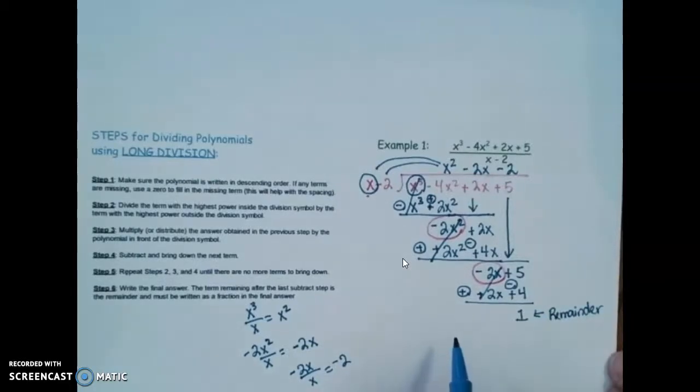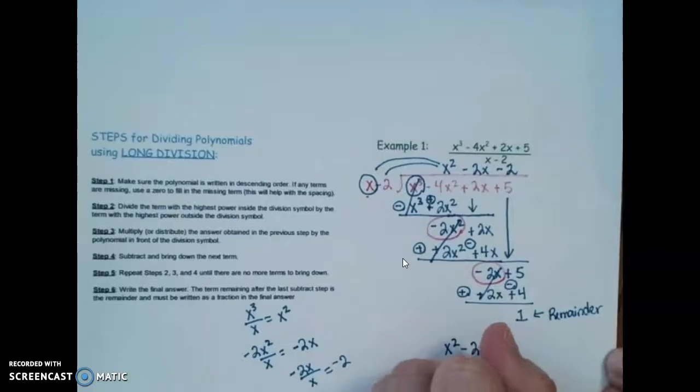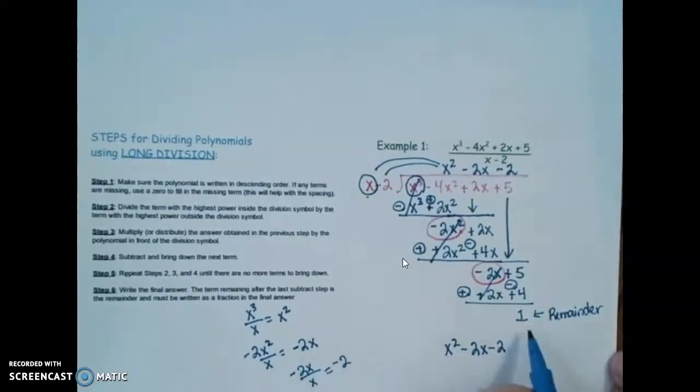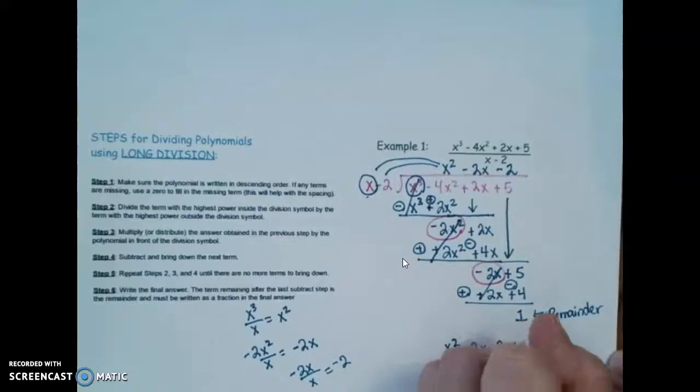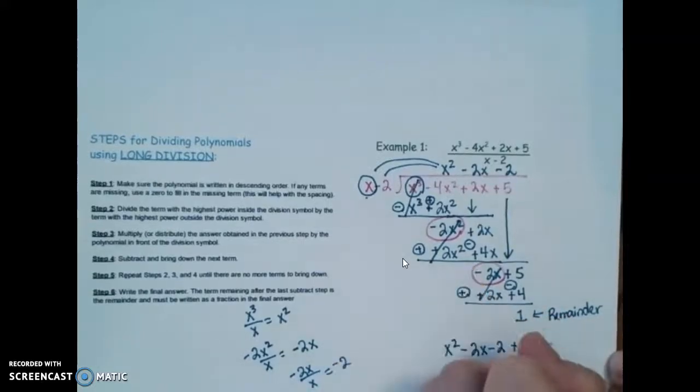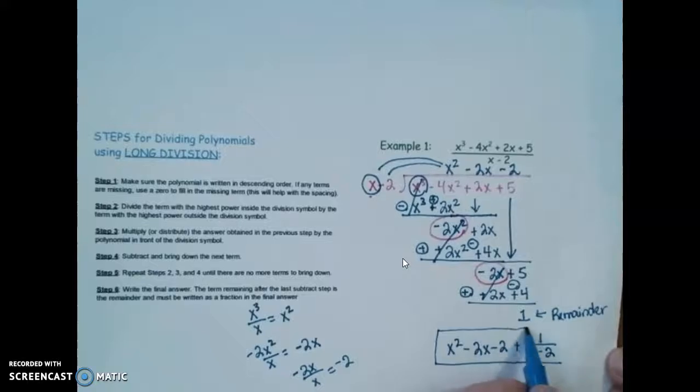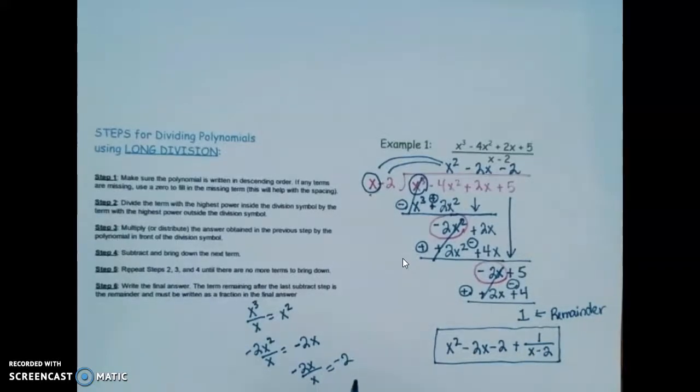So then to write your quotient, you're going to take x squared minus 2x minus 2, and then your remainder goes over your divisor. So we're going to say plus 1 over my divisor of x minus 2. So that would be the solution to our first example.